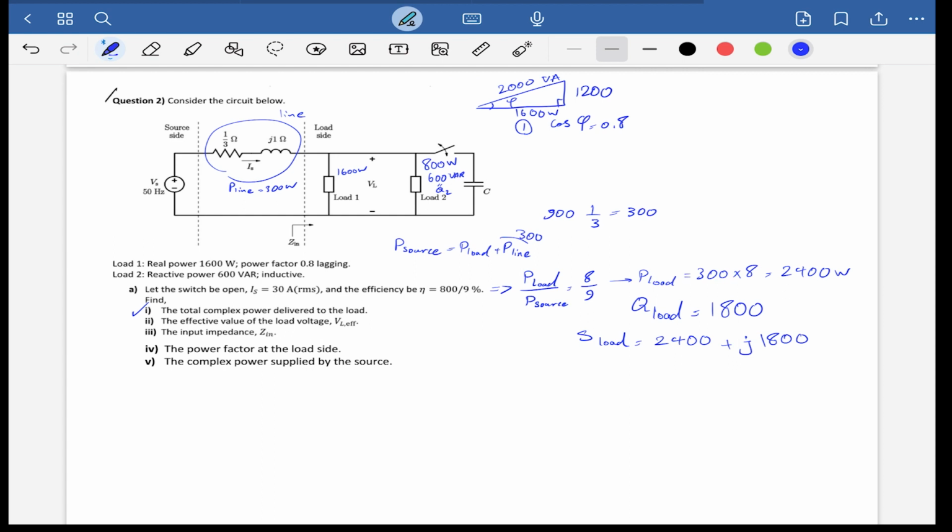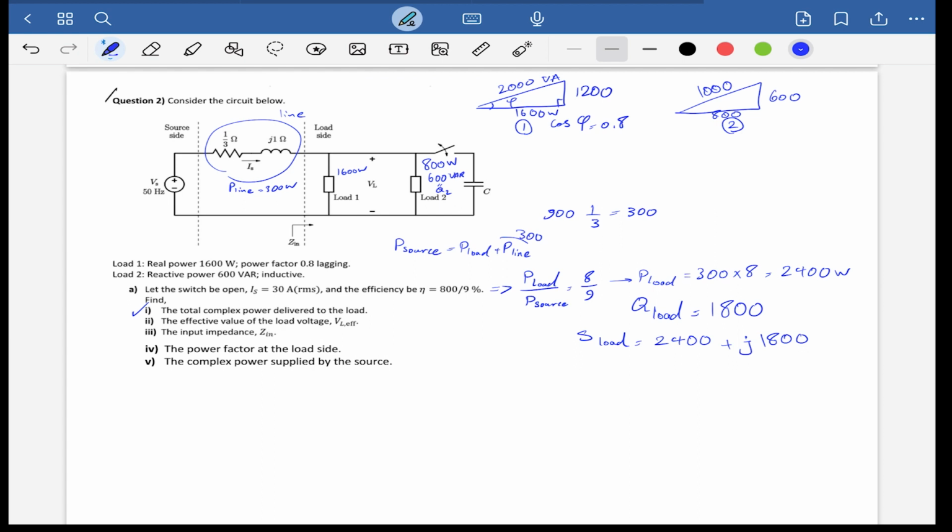Okay, we know the real power of the load, and we know the apparent power also of the load. So if this is for load 2, you know, this is 800, this is 600, then obviously this is 1000, right? With the famous ratio.